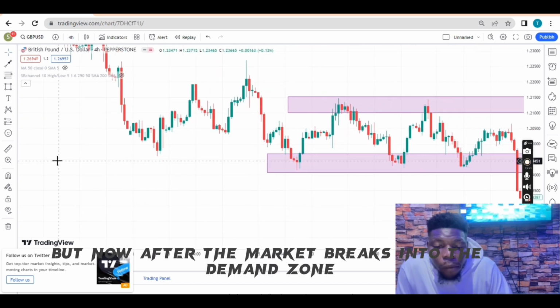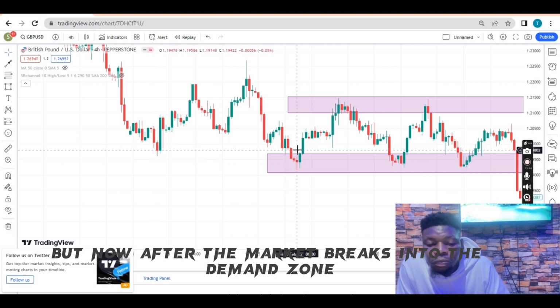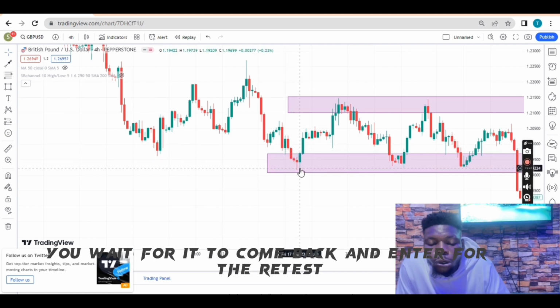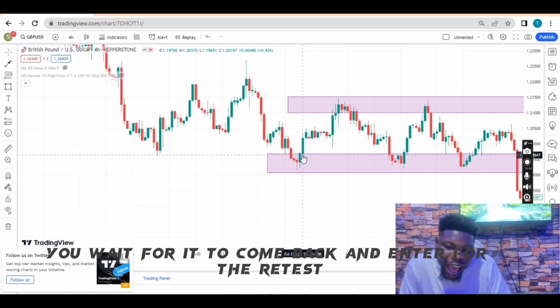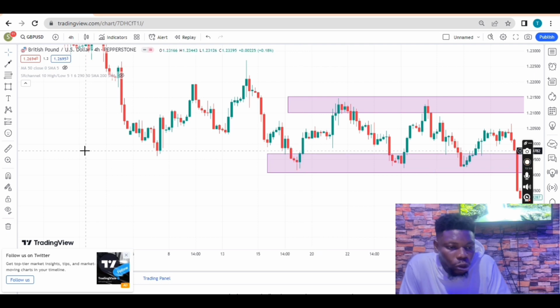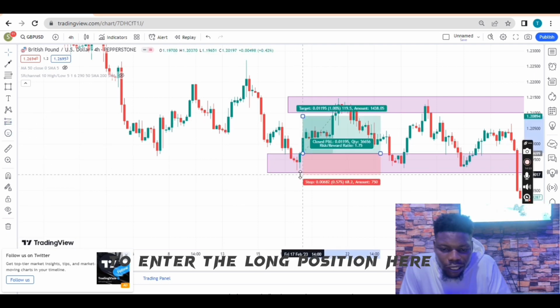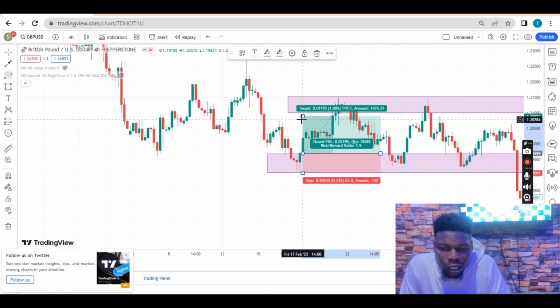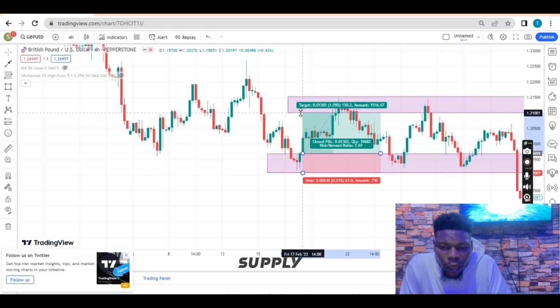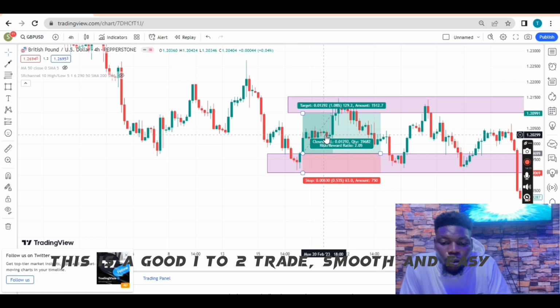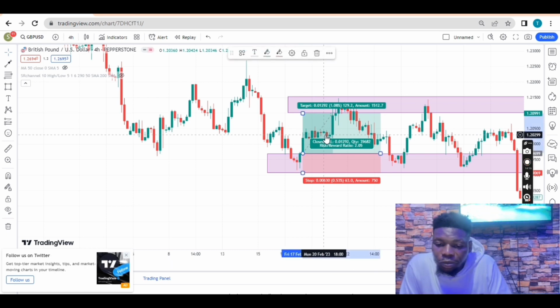But now, after the market breaks into the demand zone, you wait for it to come back and enter for the retest. So you enter the long position here, and here, then target the supply area. This is a good 1 to 2 trade, smooth and easy.